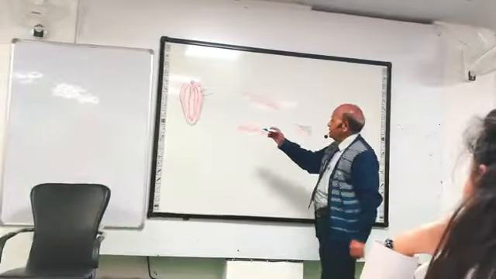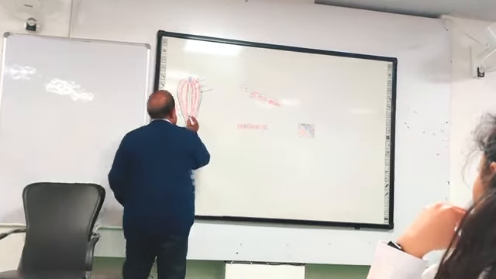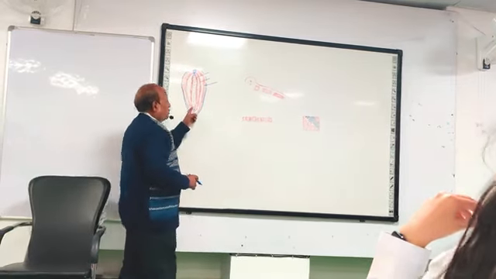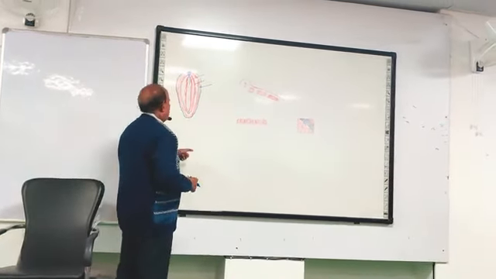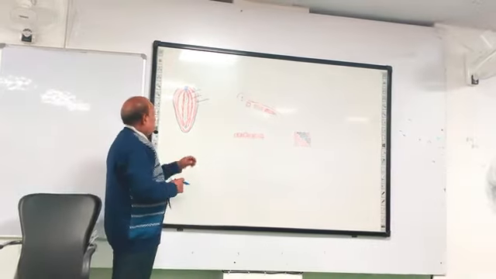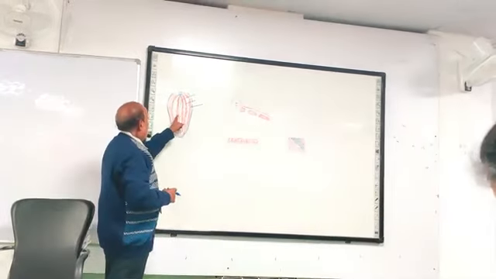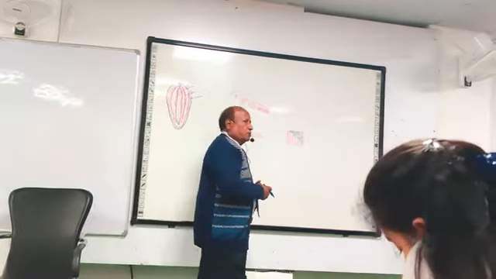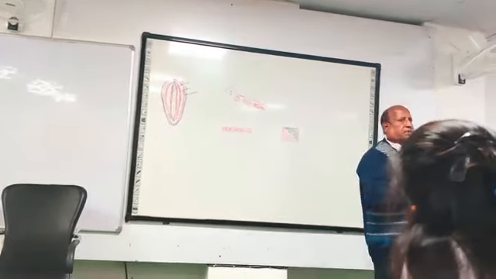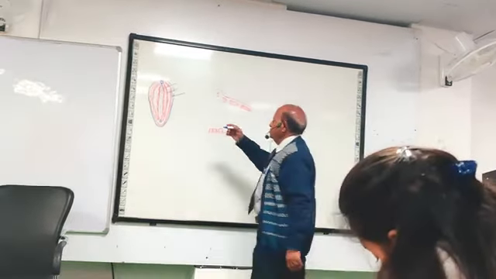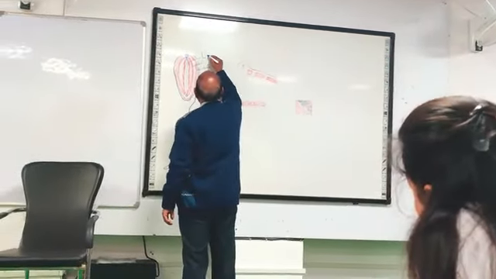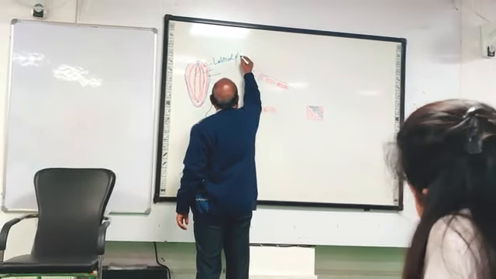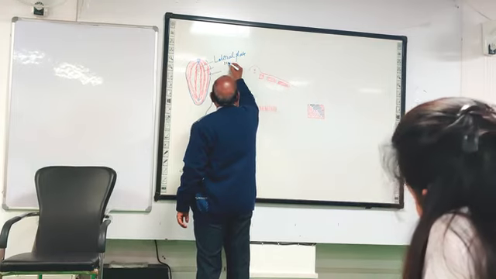Now the most medial, this is the midline of the embryo. This dotted structure shows the midline of the embryo. On either side of the midline, the layer of the mesoderm is called lateral plate mesoderm.